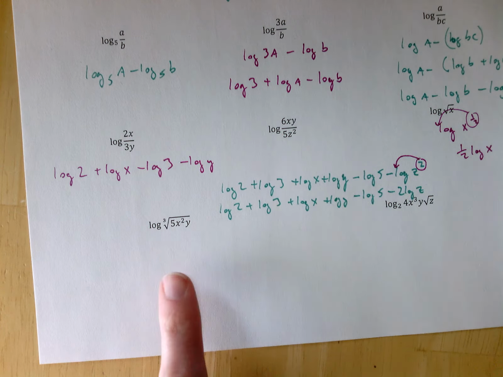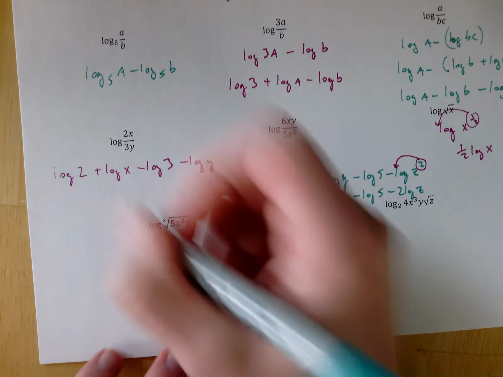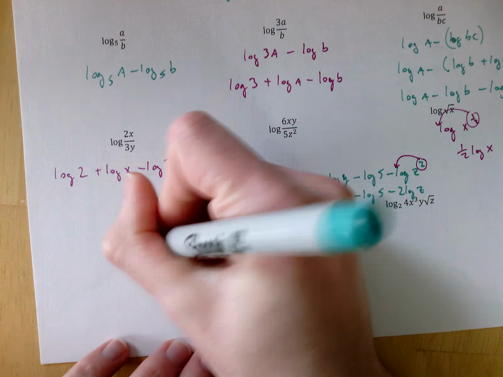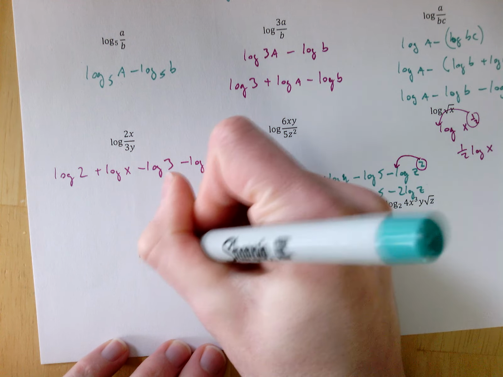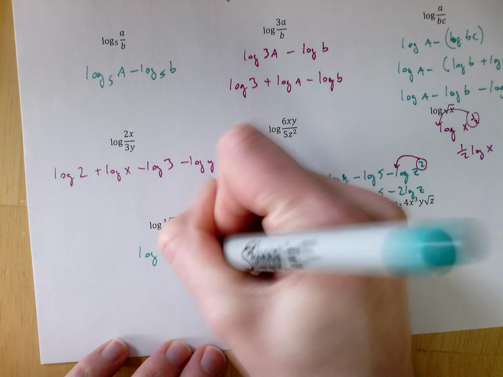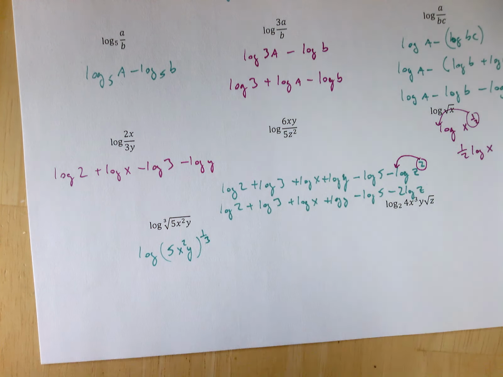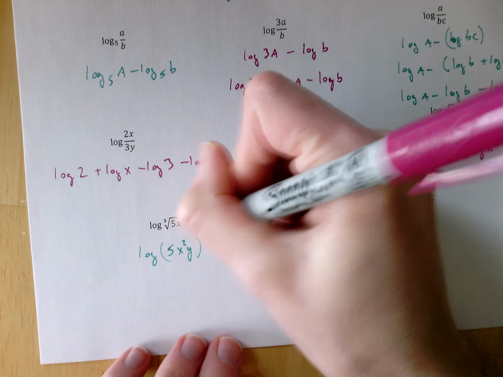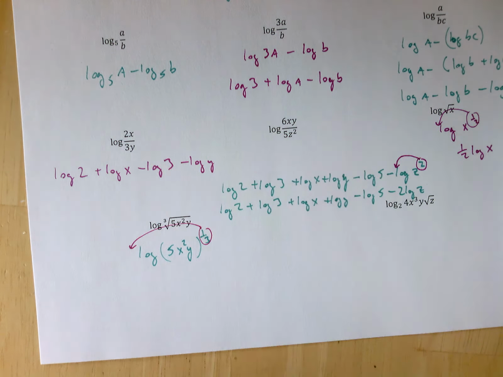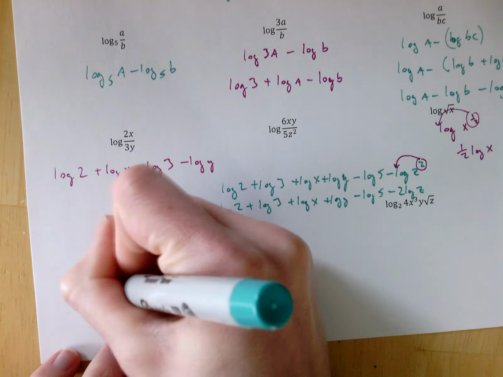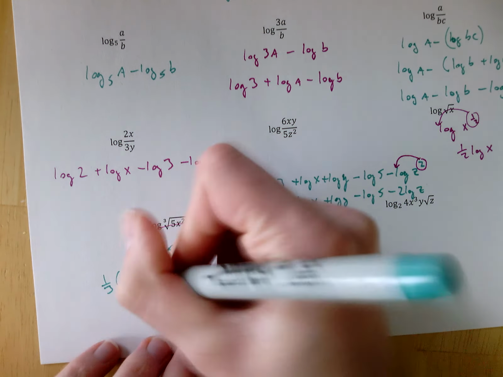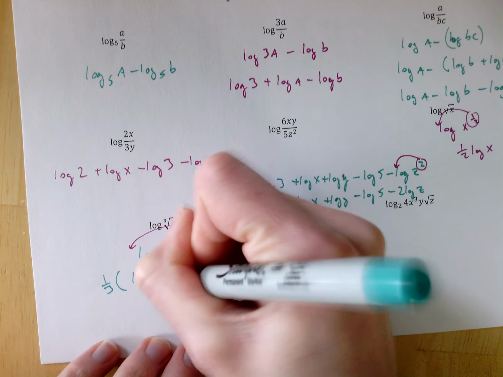All right, our last two down here. So this guy, this I can rewrite as the same as log of 5x squared y to the 1/3 power. Okay, and then this will drop down, right? So it's the same as 1/3 times this log of 5x squared y.